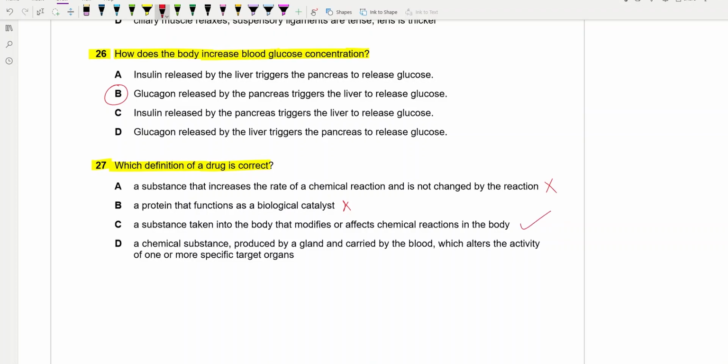Option D. A chemical substance produced by a gland and carried by the blood, which alters the activity of one or more specific target organs, which is wrong. So the correct answer would be option C.